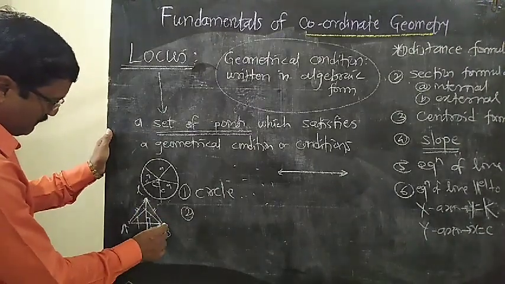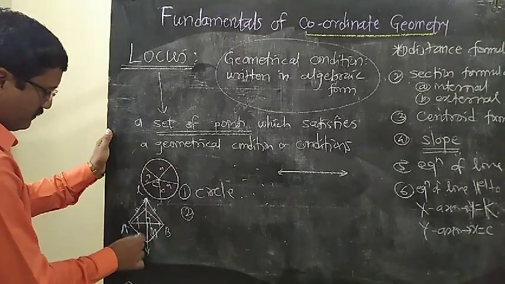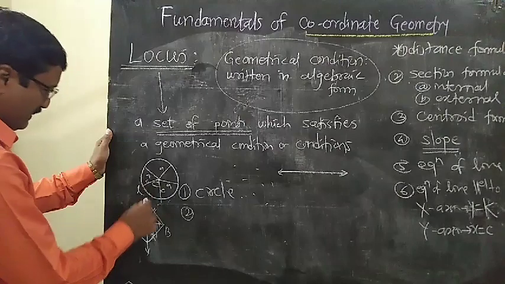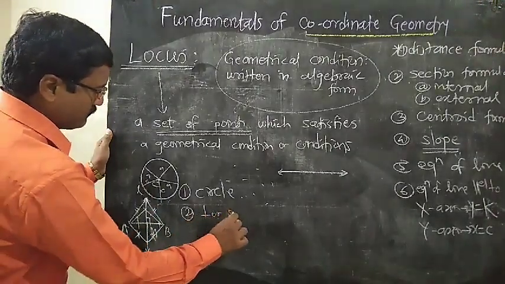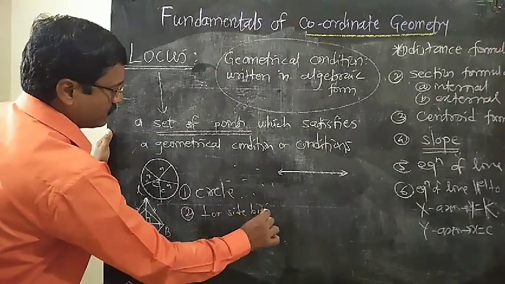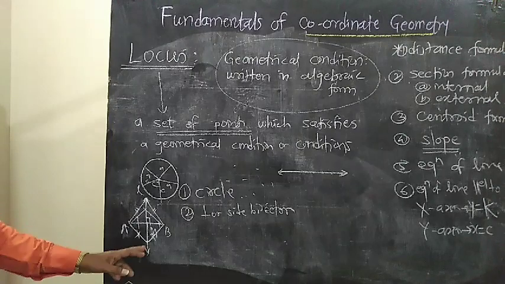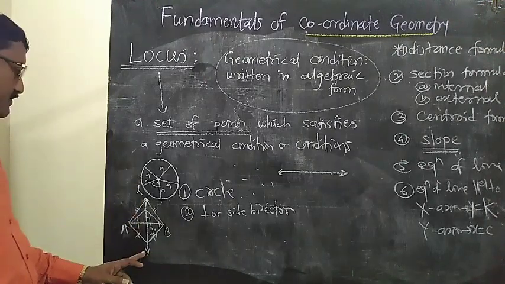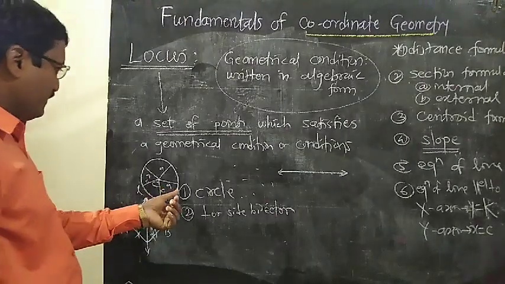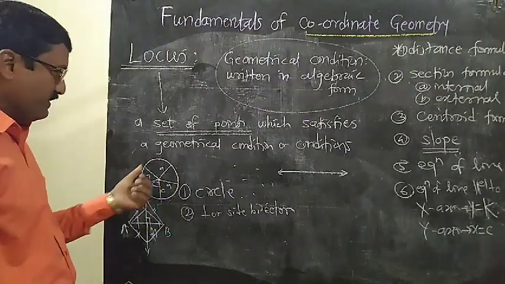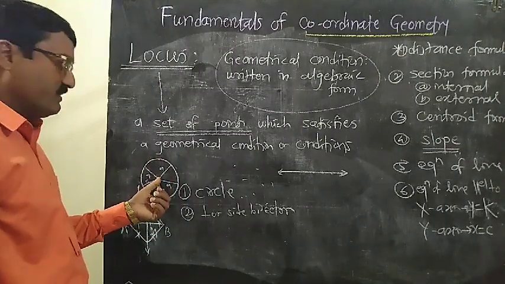If you take this point, then this is equidistant from B and A. So this perpendicular bisector is a locus, because every point of it satisfies this condition of equal distances. Here, every point of the circle satisfies the condition that it is equidistant from the center C.